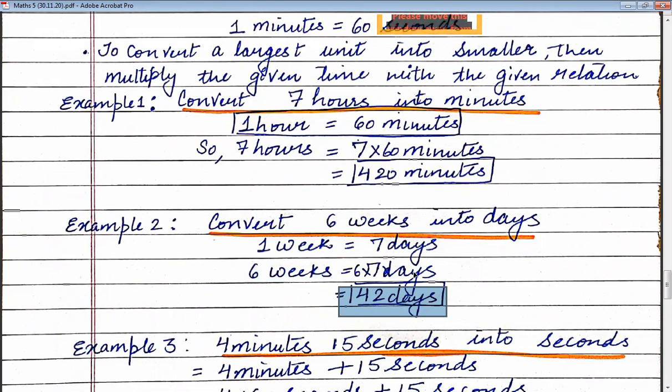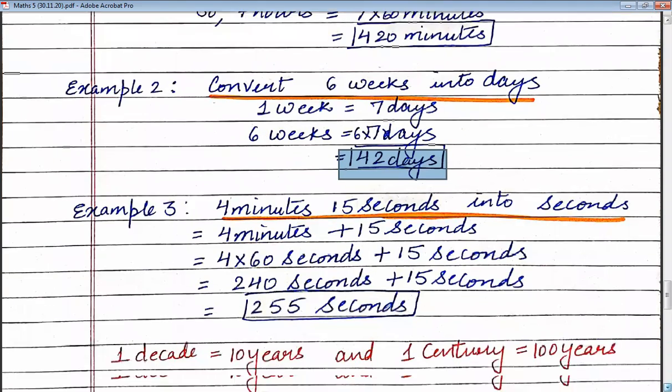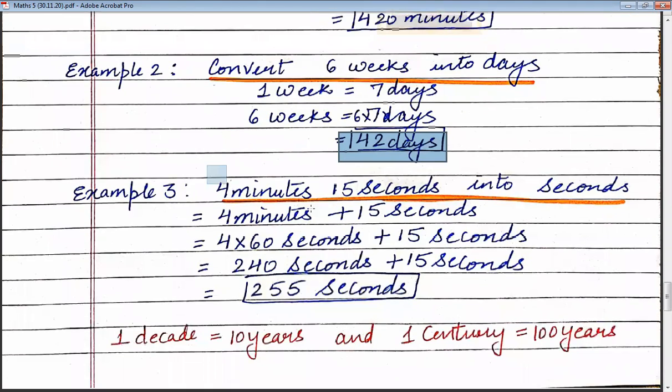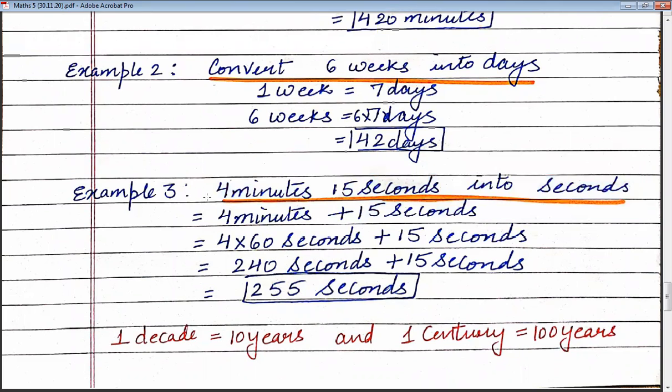Okay, now let's move on to the example number 3. You have to convert 4 minutes 15 seconds into seconds. Now children, in this question we want seconds.